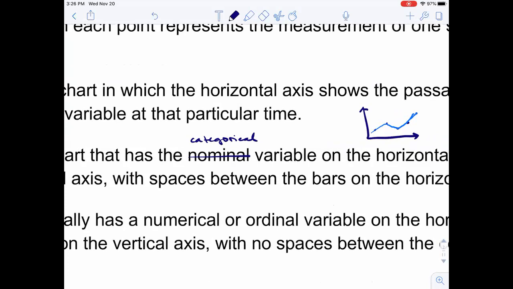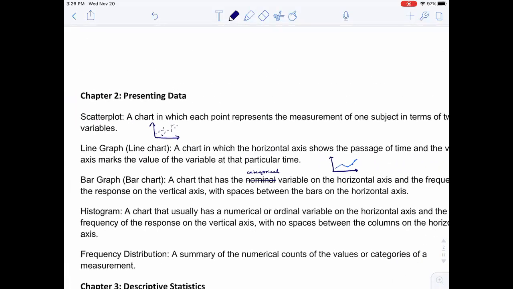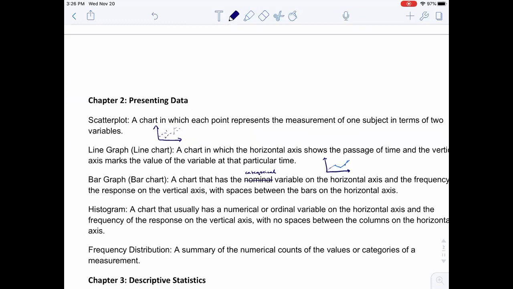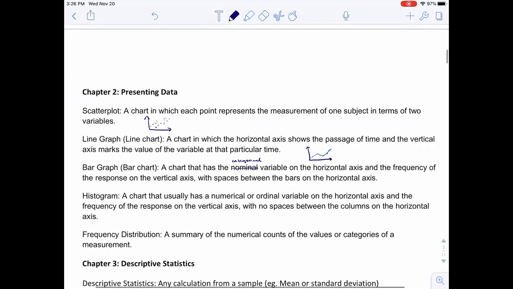So we've got this categorical variable on the horizontal axis, and the bars are just representing the counts in each category.